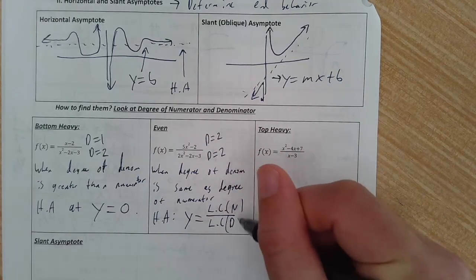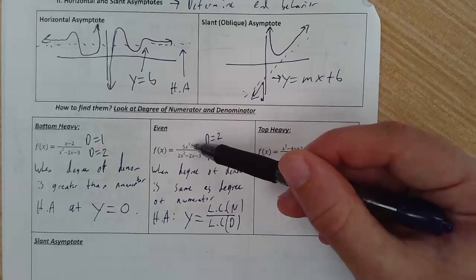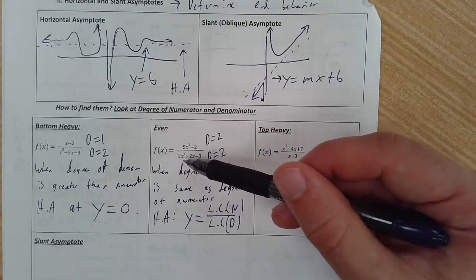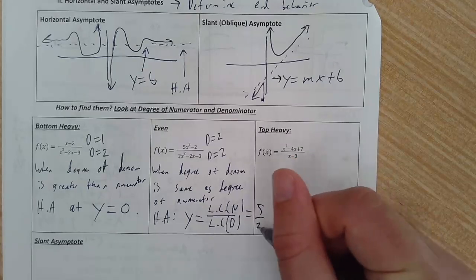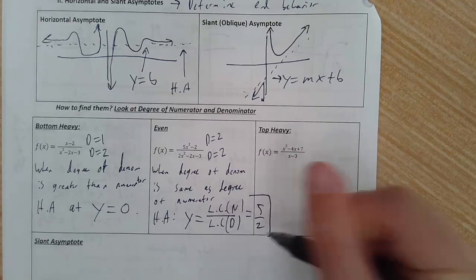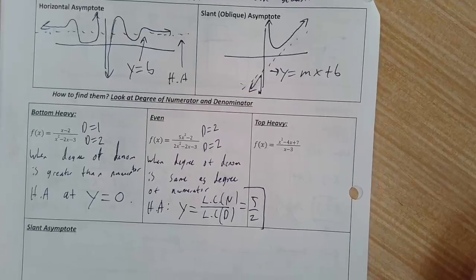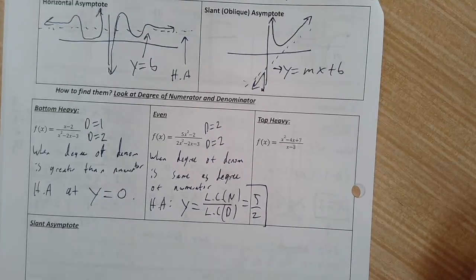So in this case, what's my leading coefficient of the numerator? It's a 5. What's my leading coefficient of the denominator? It's a 2. So it would be 5 over 2. That would be your horizontal asymptote. Degree on bottom bigger, 0. Degrees the same, divide the leading coefficients.